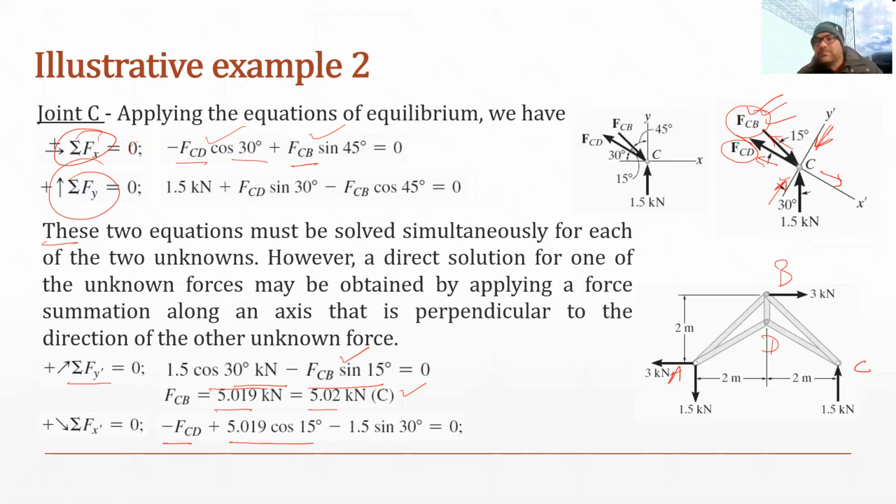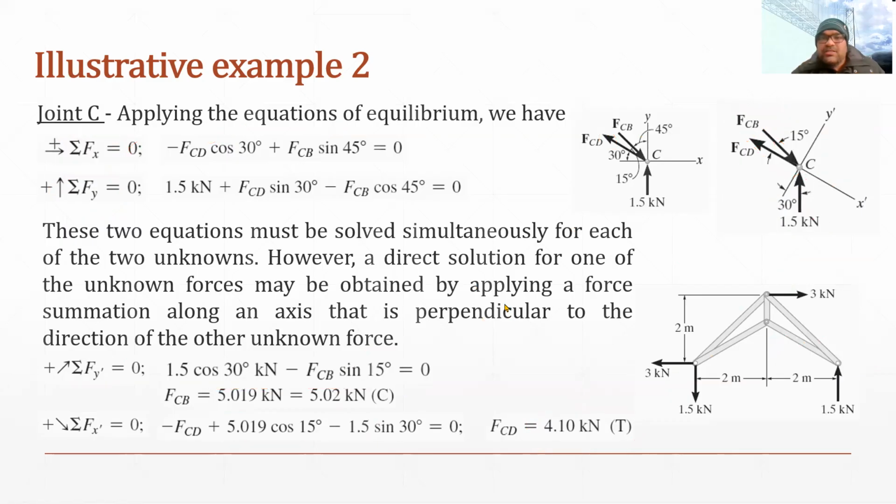And the second value, the component of this force along x dash, will be negative 1.5 sine 30. So by solving this, we find the value of FCD as 4.1 kilonewton in tension. And you can see FCD, we have assumed the force in tension and our value is positive, which means our assumption is correct. The member DC is in tension.